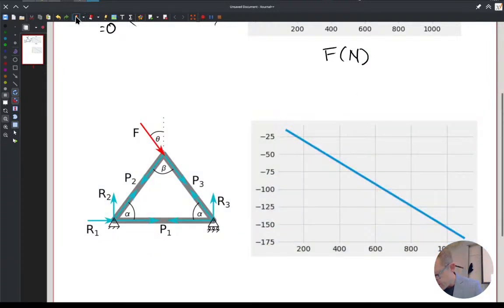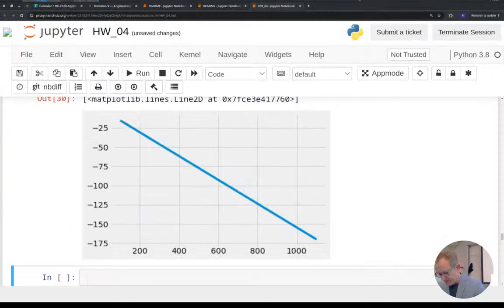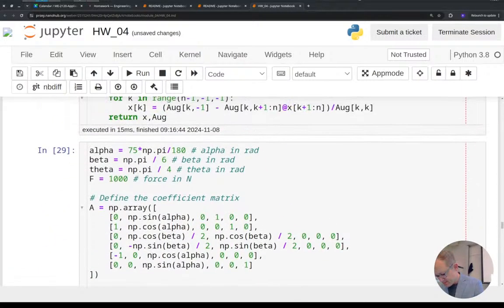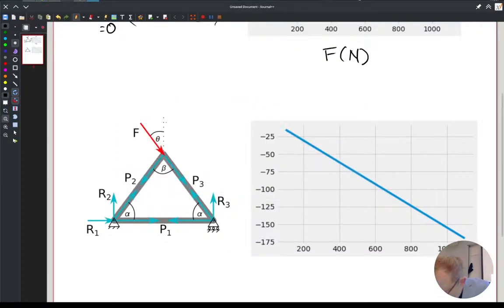So now that changes the slope a little bit, and theta here is going to be pi over 4. So it's pushing it at a 45-degree angle, and again, it kind of makes sense to get a negative number.